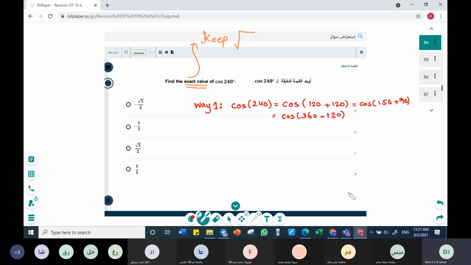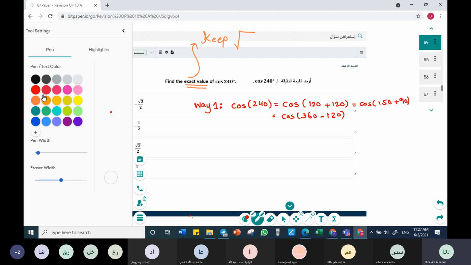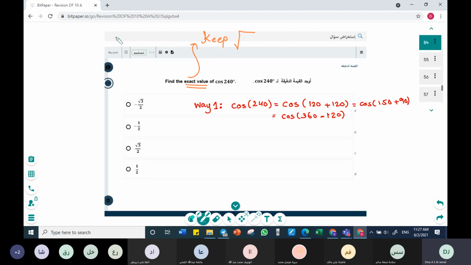that you can already use, and all of them belong to the sum and difference. By the way, when you told me 120 plus 120, this can be turned to double angle.